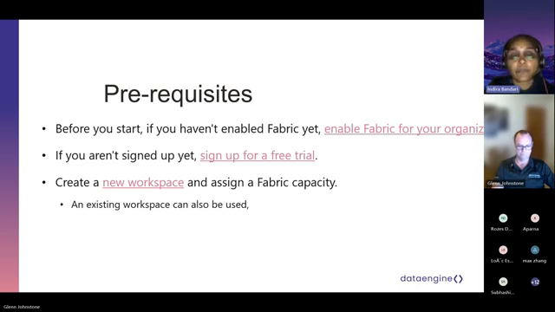For the free trial, you need to have a work account or a school account. Once you have these top two, you can create a new workspace that belongs to the Fabric trial.